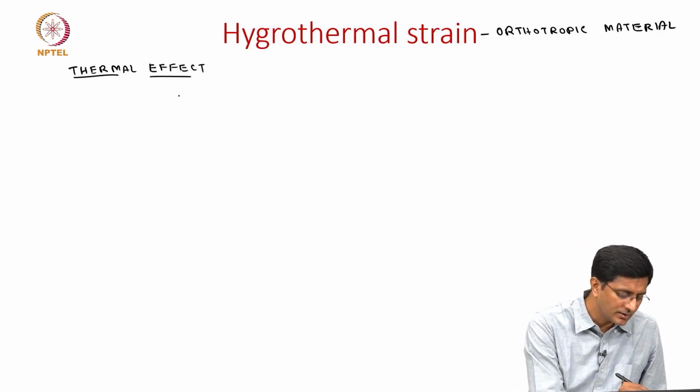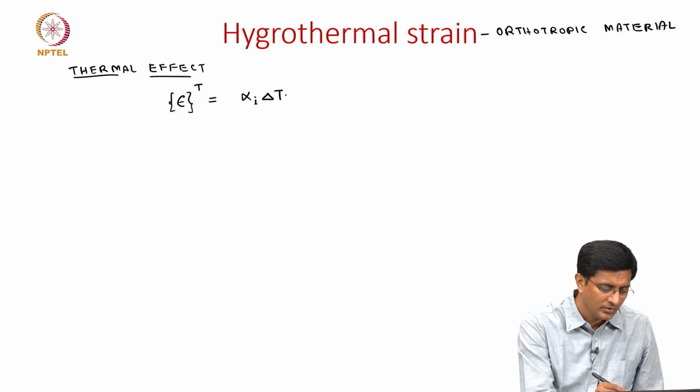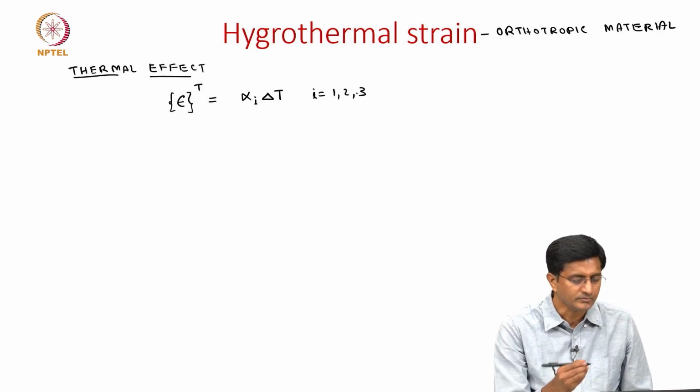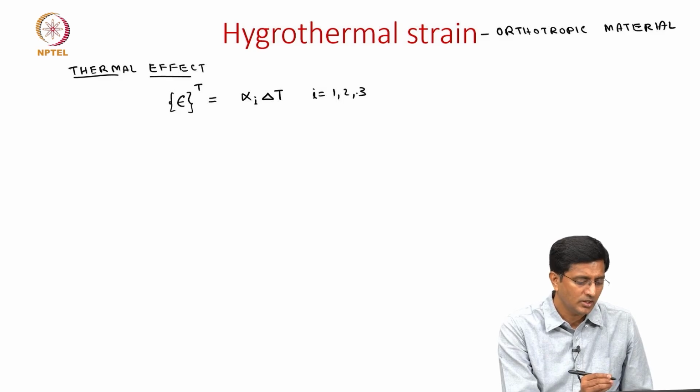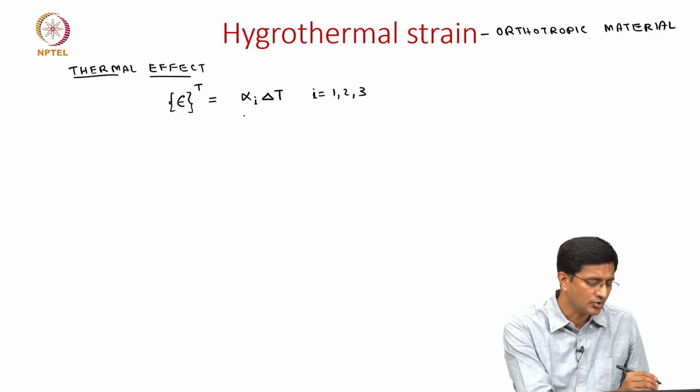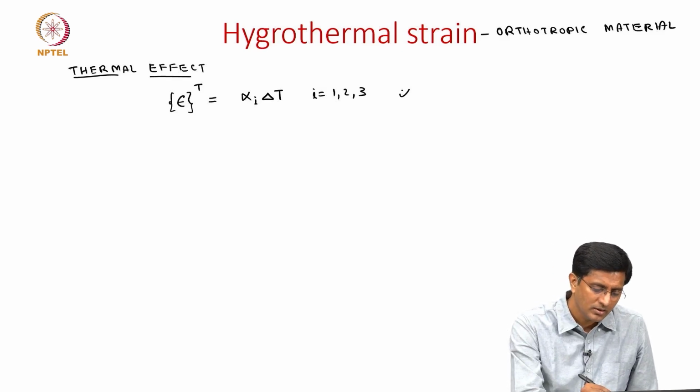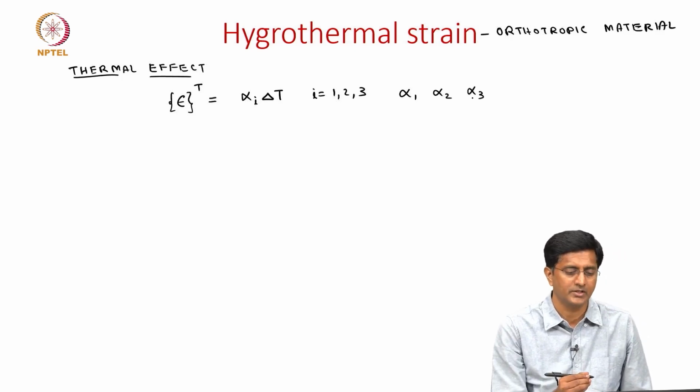Now if we look at the strain because of thermal effects, we'll write it with a superscript T. This is given as alpha i times delta T, where i goes from 1 to 3. So if you notice, the change we made from isotropic materials is, instead of writing it as alpha, now we represent it as alpha i, meaning your alpha 1, alpha 2 and alpha 3 values are different.